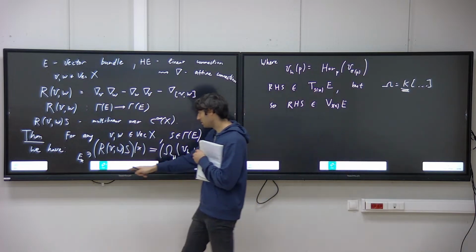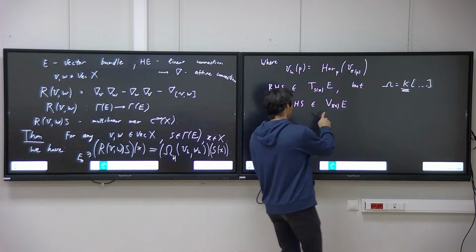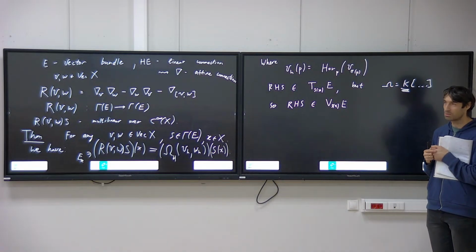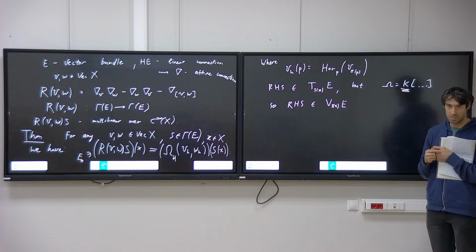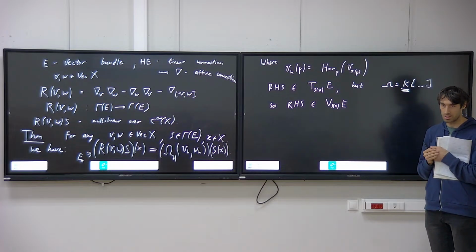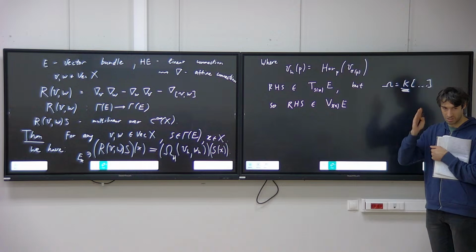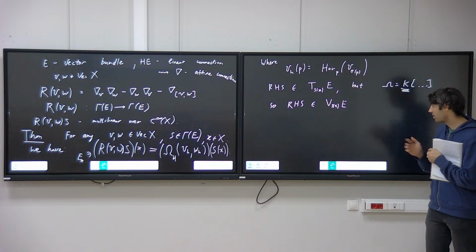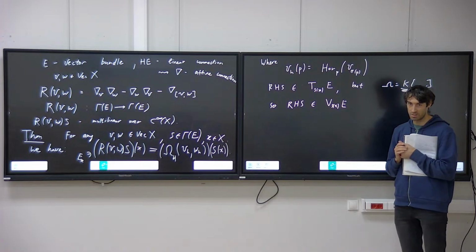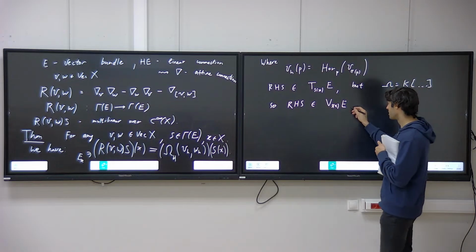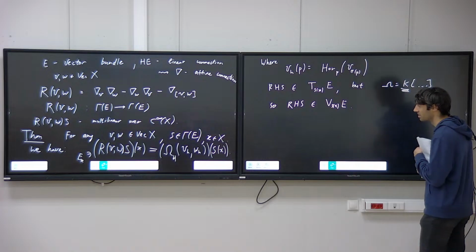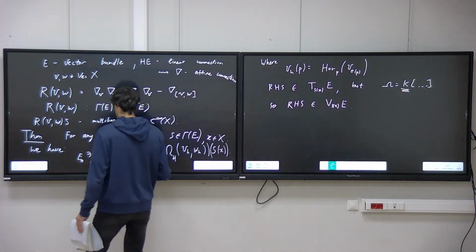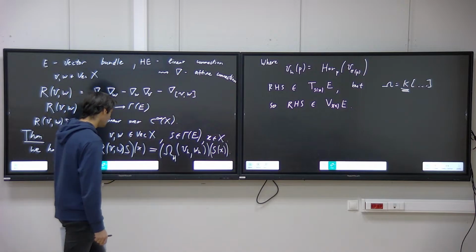I have E_X and V at S of X of E. But these are the same thing, because E is a vector bundle and the fiber is just a vector space, which corresponds to the fiber of the vertical bundle. Okay, so this makes sense. All right, that's the connection between these two.